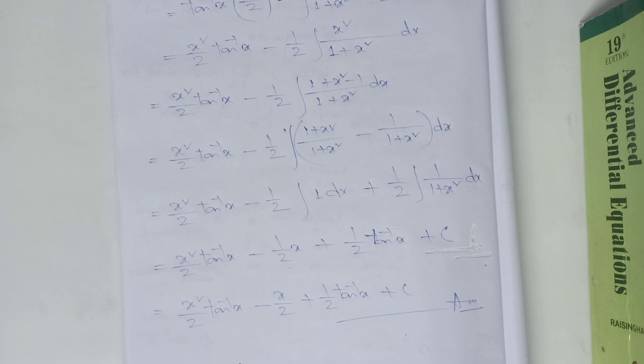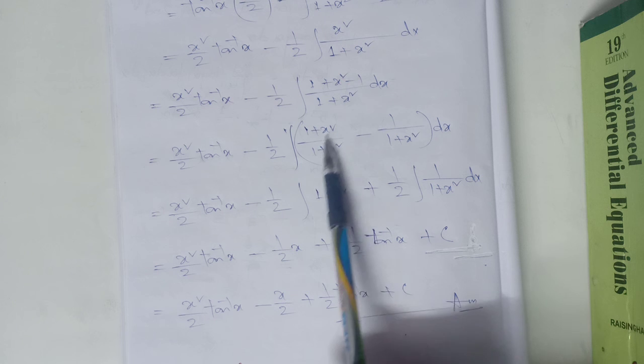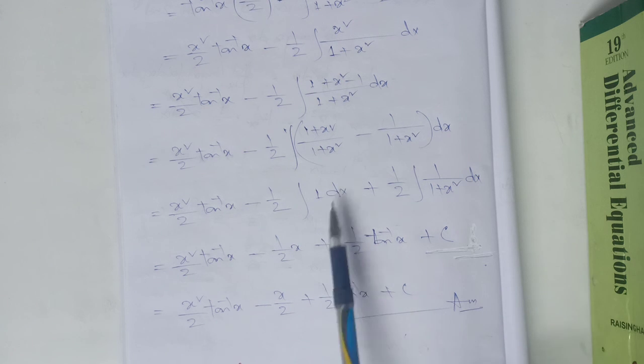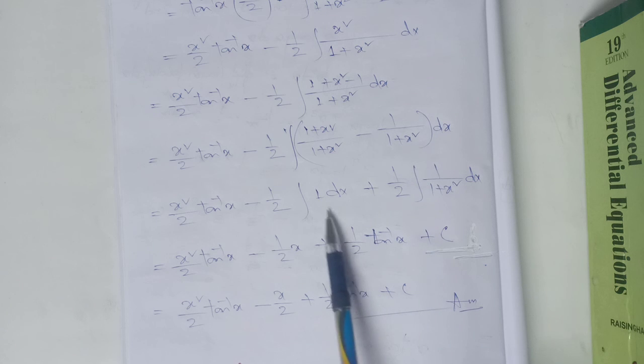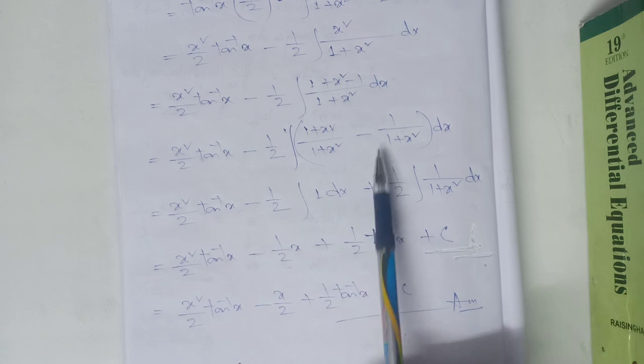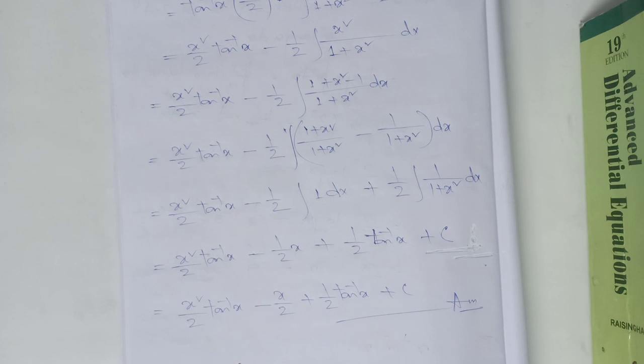x square by 2 tan inverse x minus, this half outside, this is cancelled, so integration of dx minus, this is minus into minus plus half integration of 1 by 1 plus x square dx.